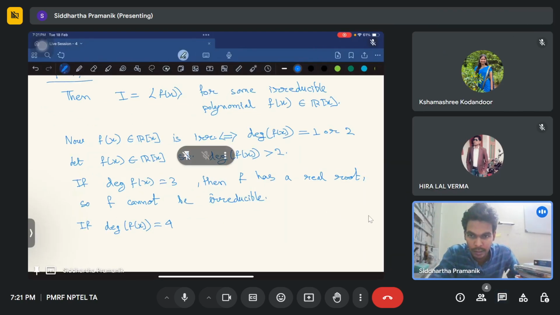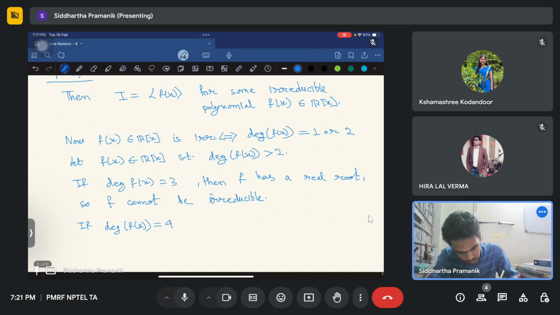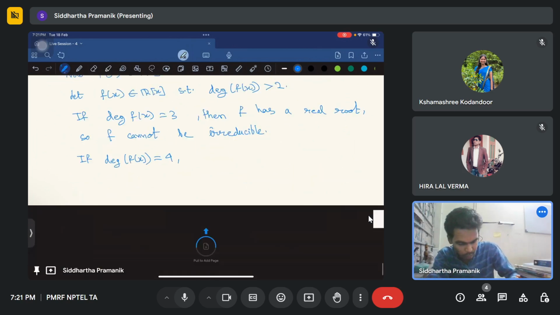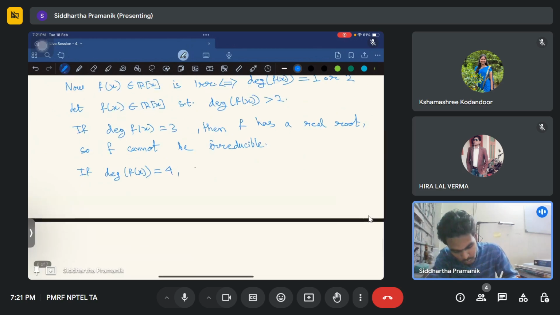So if the degree of f(x) is 4, then it may not have real roots, right? Let me do case 1: if f has a real root, then it is reducible, right?